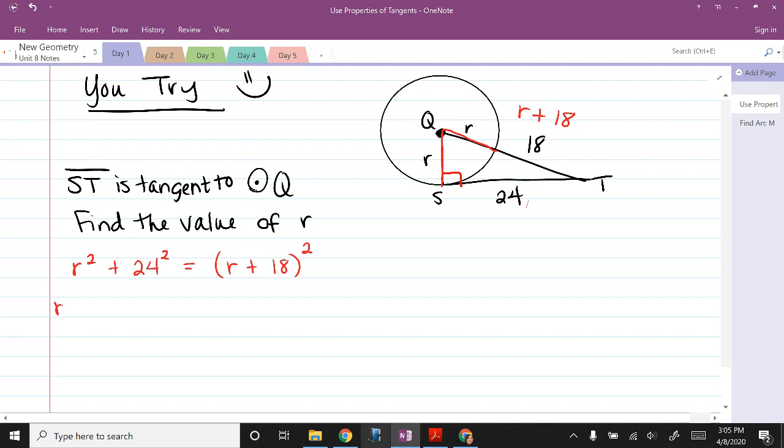So I'm just going to copy this part, r squared plus 24 squared. Sorry, my calculator died. 24 squared is 576 equals, I'm going to come over here and do r plus 18 squared. So it's going to be r plus 18 times r plus 18.